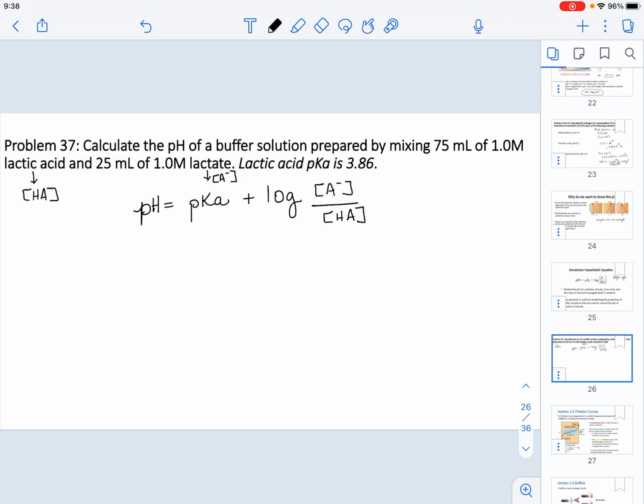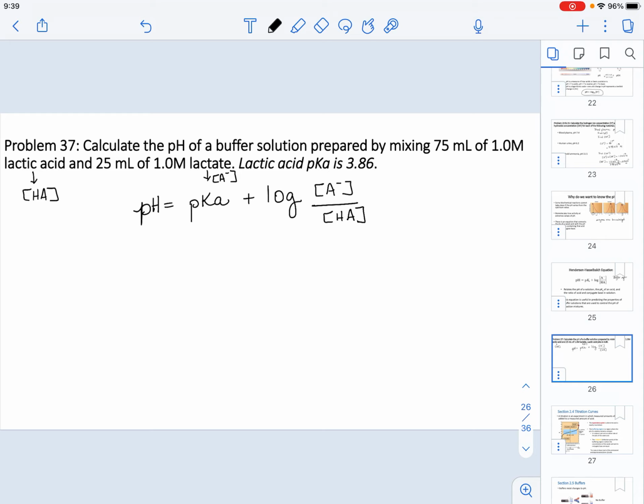Now, when we look at the concentrations specifically, because in these buffer solutions we are combining a certain amount of one versus the other, we can utilize the dilution equation to understand how much we have.